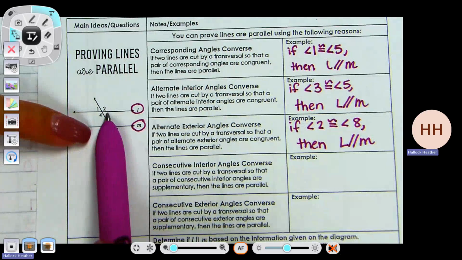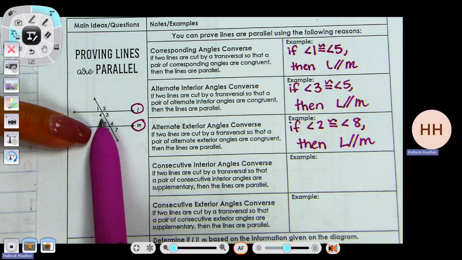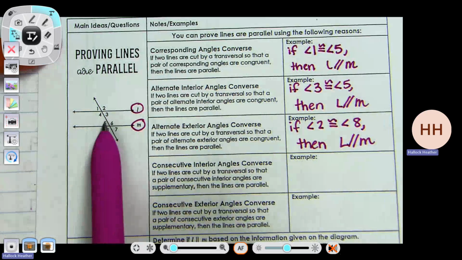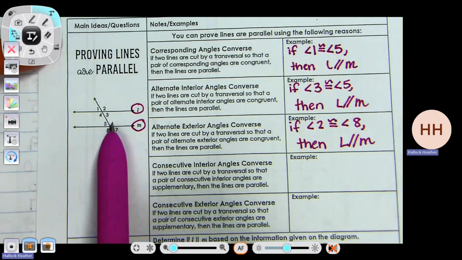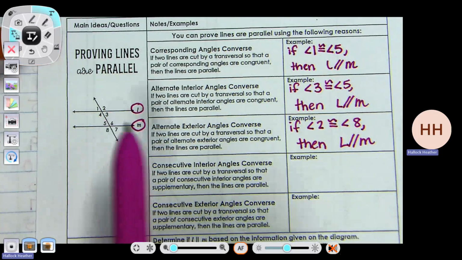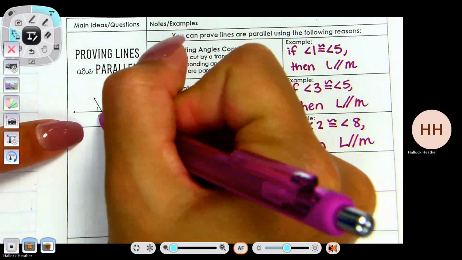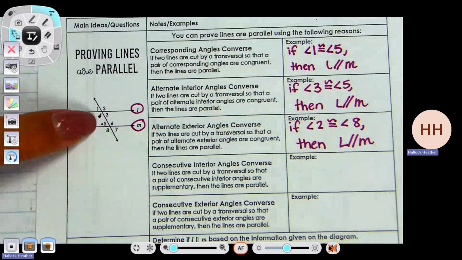Between 4, 3, 5, and 6, which 2 would add to make 180? 1 wasn't even one of the options. But 1 and 2 would add to make 180. 5 and 6 technically add to make 180, but they are not consecutive interior. Consecutive means the same side. 4 and 5, those would add to make 180.